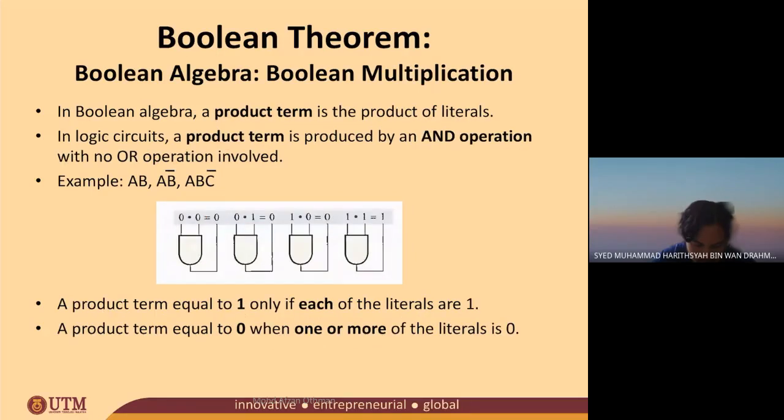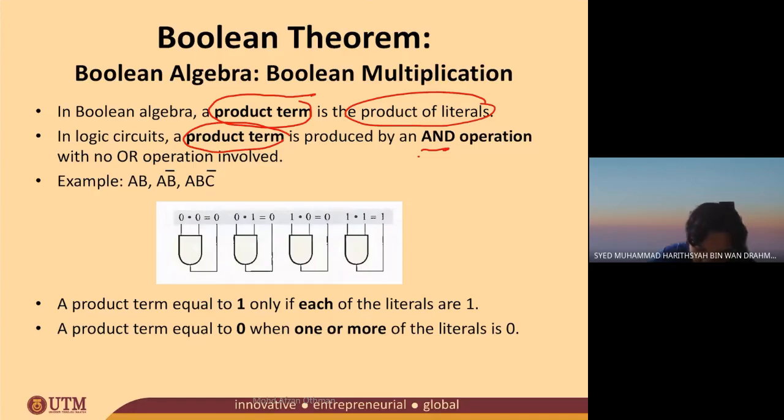Besides Boolean addition, we have the Boolean multiplication, and this time we use the word product term, or product of literals. The product term only involves the AND operation and not the OR operation. So for example here, the Boolean equation is AB bar or ABC bar.